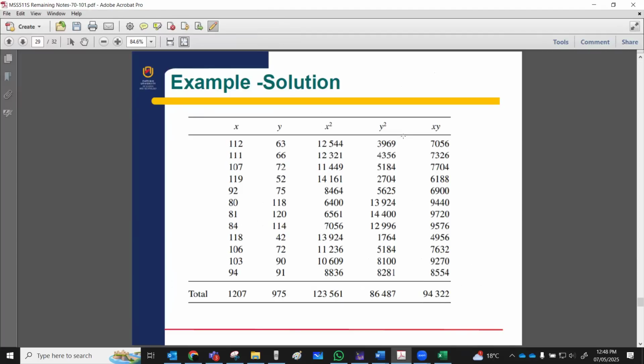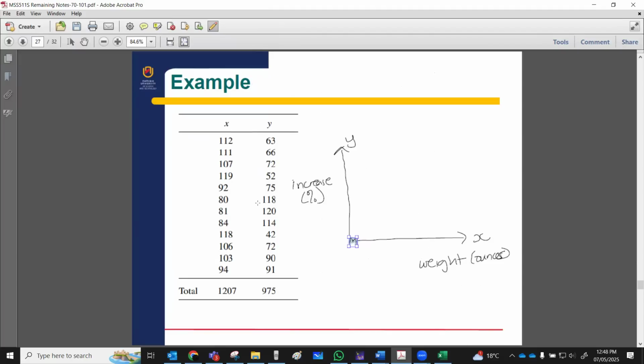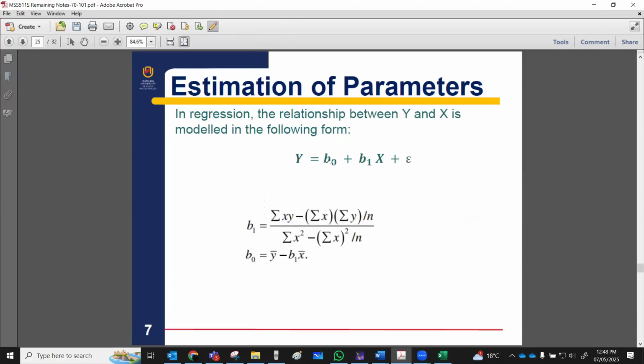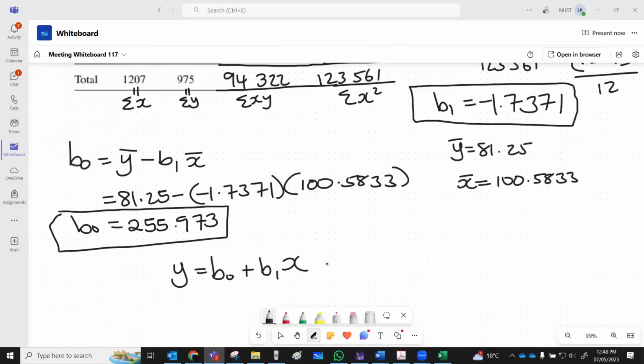You can see the table here is completed for us. Where's the formula? The formula is here: B0 plus B1 times x. And for now, we are not going to look at finding this error term. So we just write our equation.